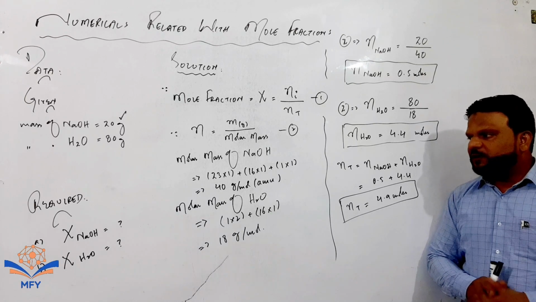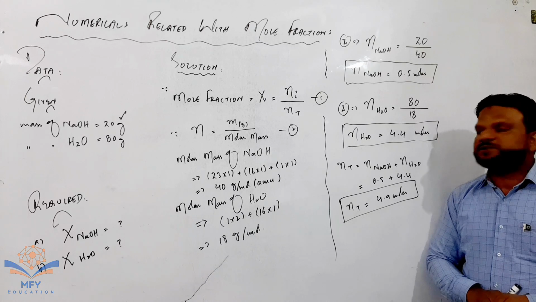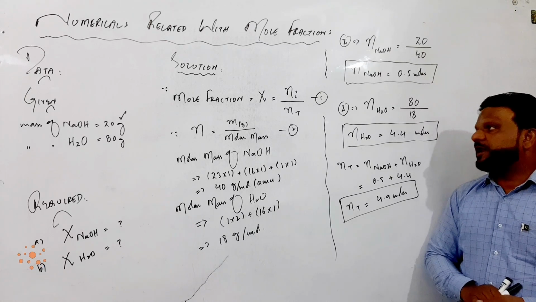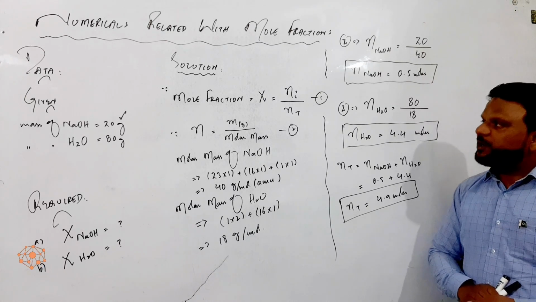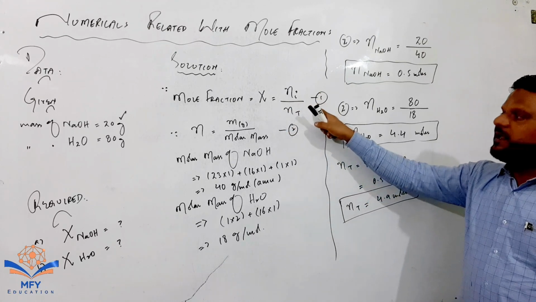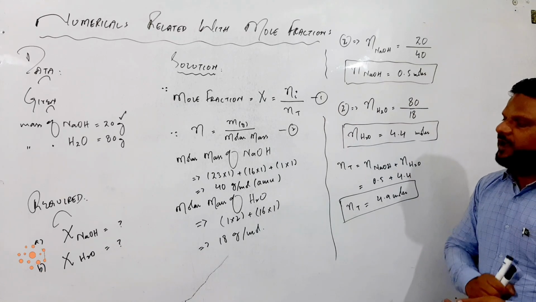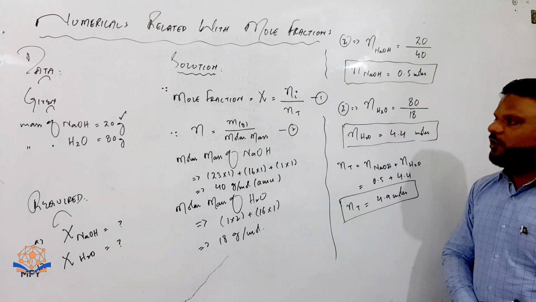Now for the calculation of mole fraction, put the individual moles, that is moles of water and moles of NaOH, and total moles in the given equation. In equation number 1, we can easily find out the mole fraction of NaOH and mole fraction of water.